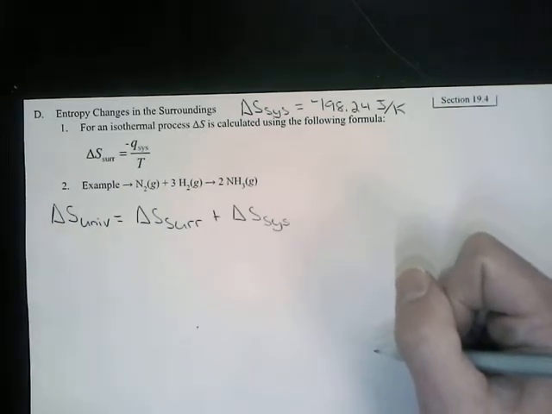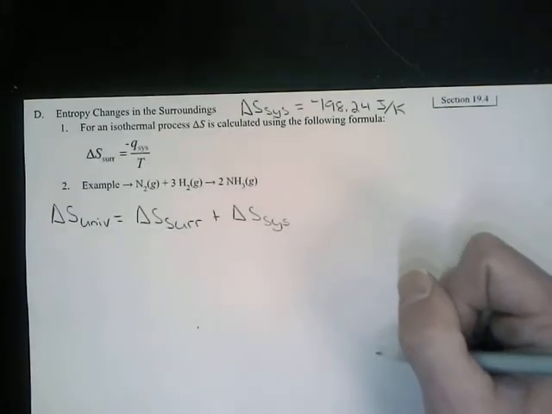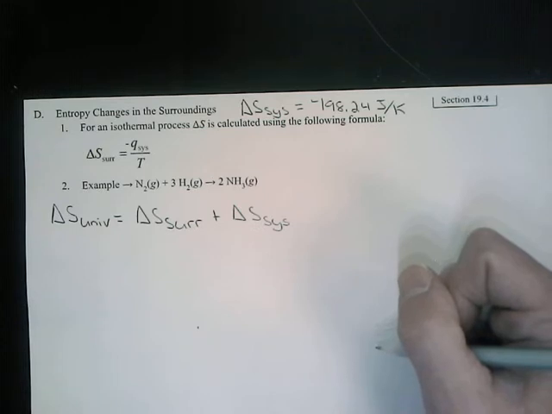And what we have going on here is this. We can substitute this out: instead of having Q of the system, we can say delta H of the system.